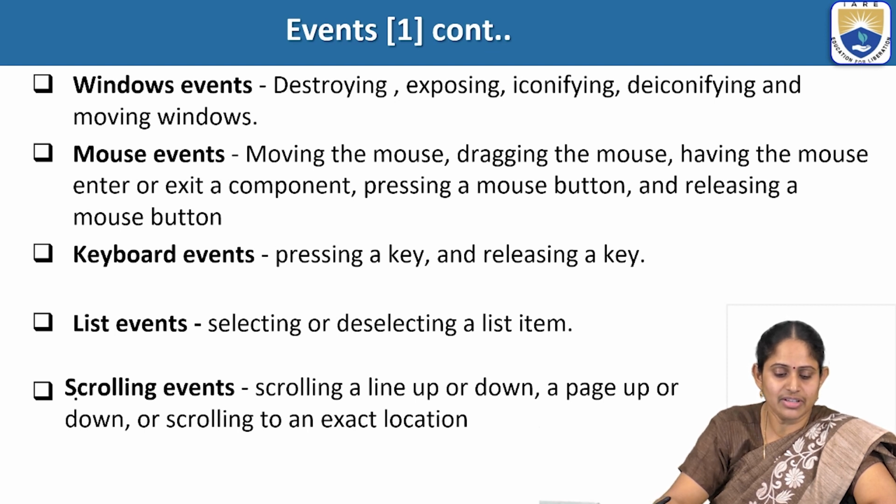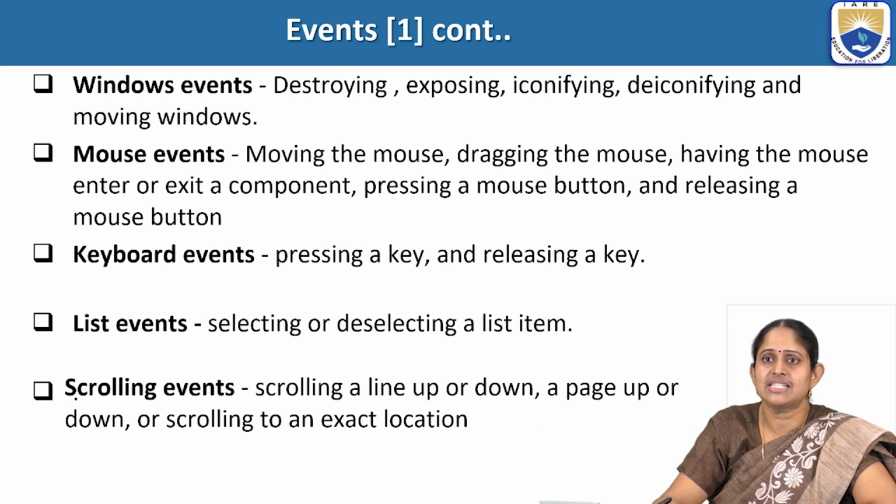We have different events. For example, window events are generated when a window is destroyed, exposed, iconified or de-iconified, or moved. Mouse events can be generated by moving the mouse, dragging the mouse, having the mouse enter or exit a component, pressing a mouse button and releasing a mouse button.